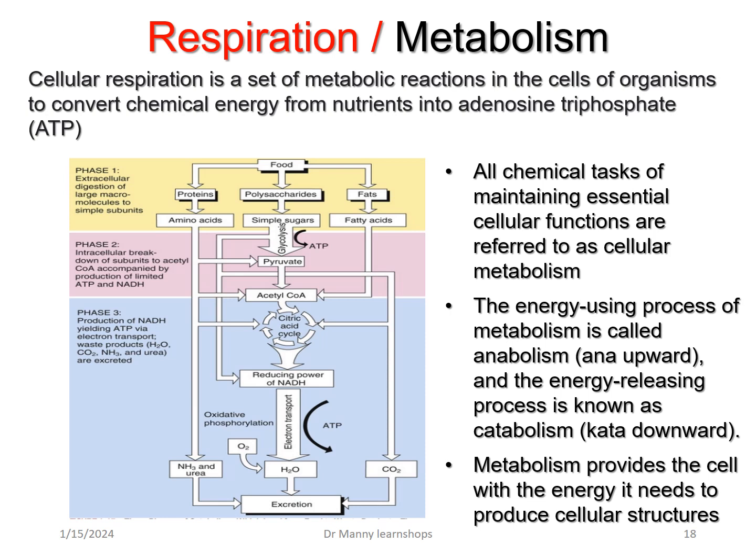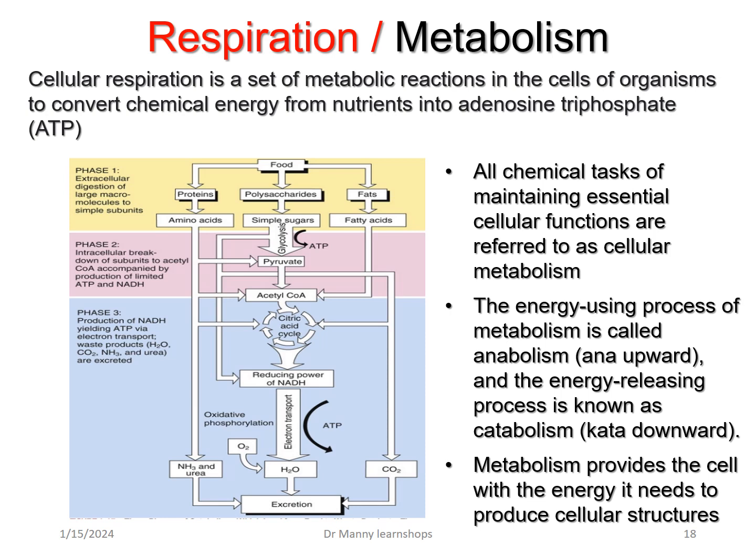Cellular respiration is a set of metabolic reactions in cells of organisms, with the ultimate objective being to convert chemical energy from nutrients into ATP. Now, the energy-using process of metabolism is called anabolism, and the energy-releasing process is known as catabolism.